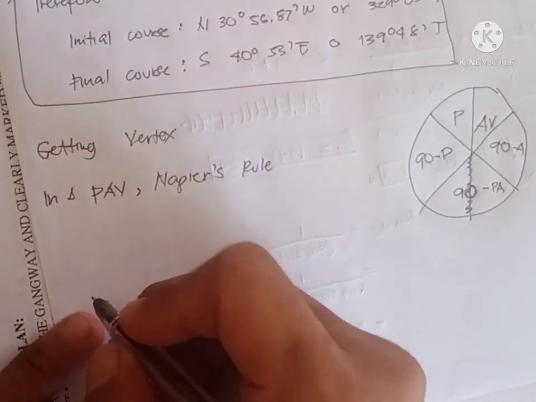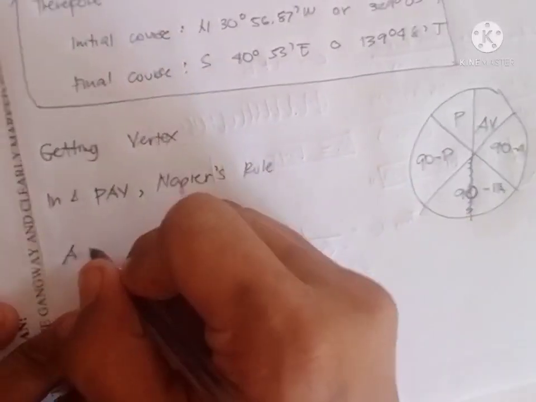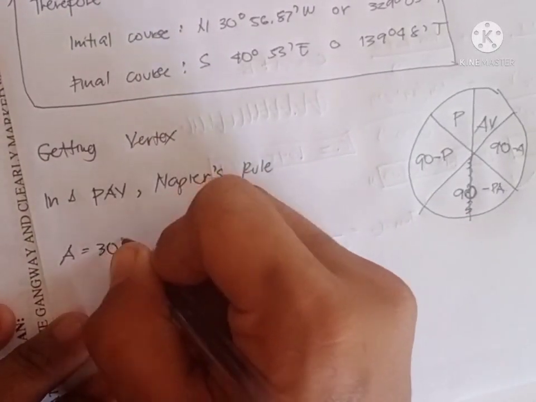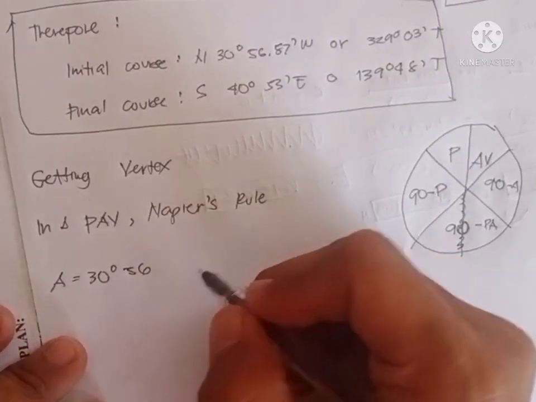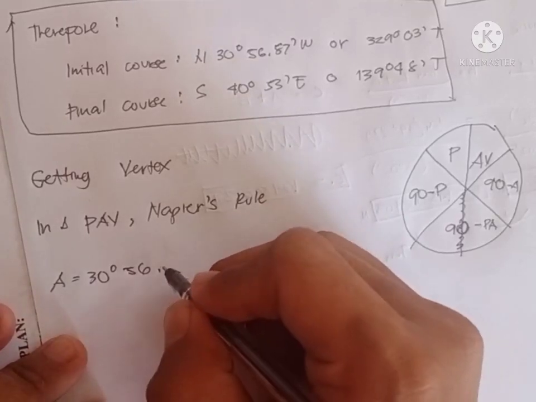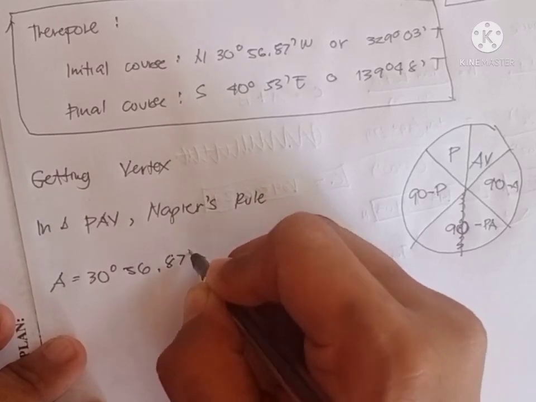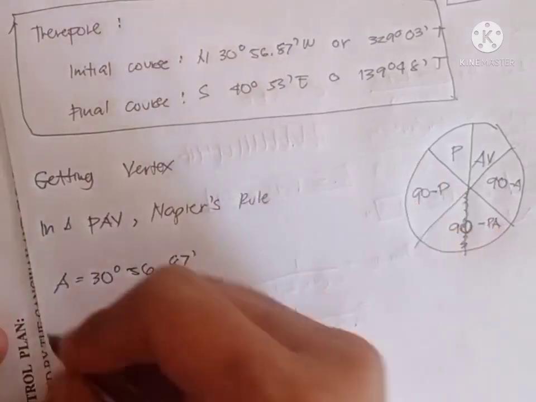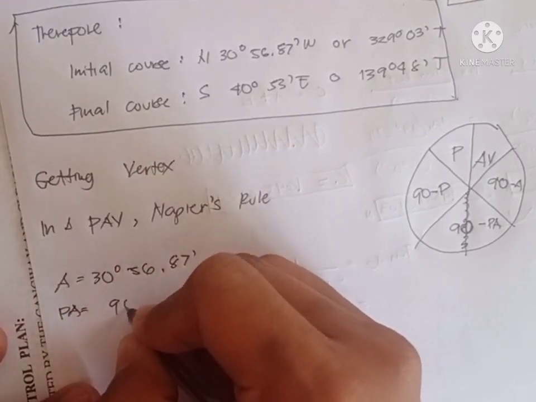So our A is 30 degrees 56.87 minutes. Then our PA is 90 degrees.